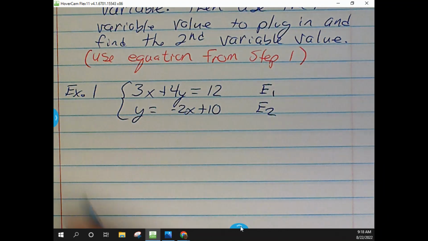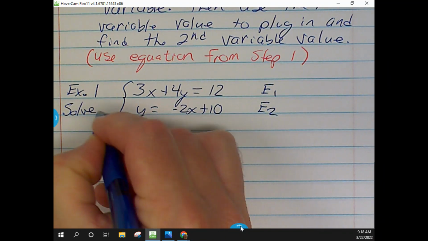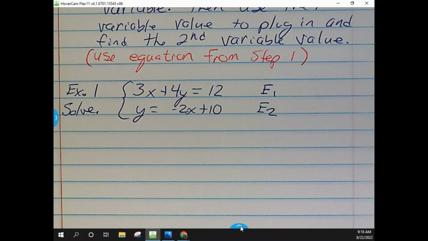So just say solve. And again, it may say solve the system, but it's still just basically going to say solve.